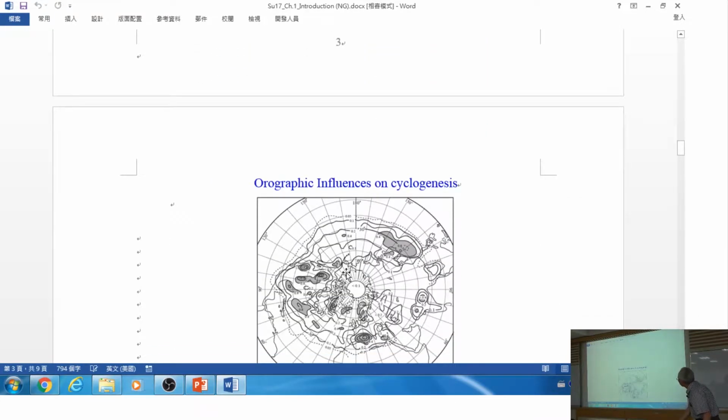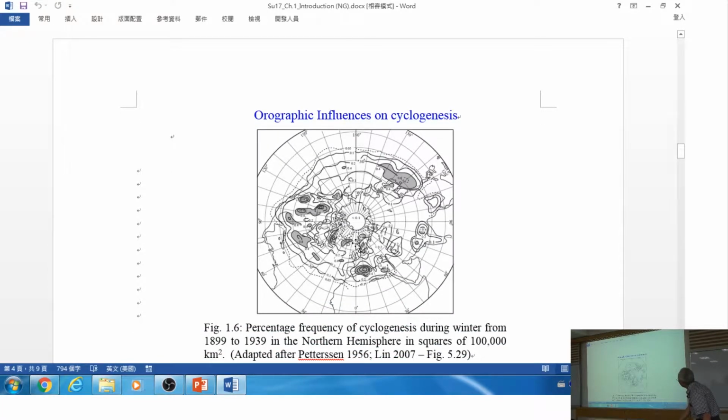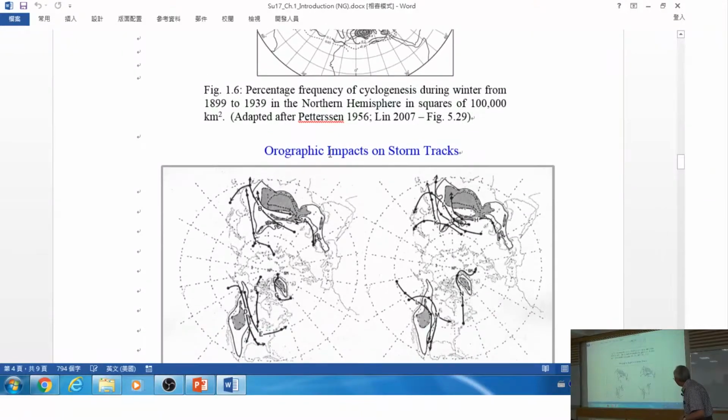What is also very important is the influence on cyclogenesis, like on this side of the Alps, and on this side of the Rocky Mountains, and also of course the Tibetan Plateau, the Himalayas. And on this side of Taiwan there is also a cyclone. There is also an impact on storm tracks, and there are two very important storm tracks.